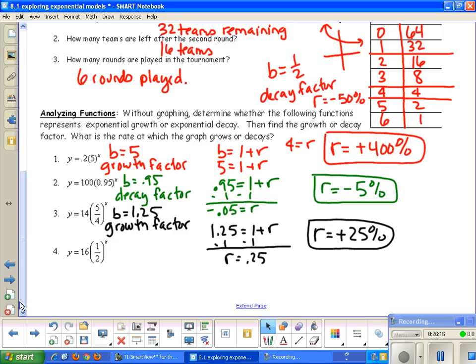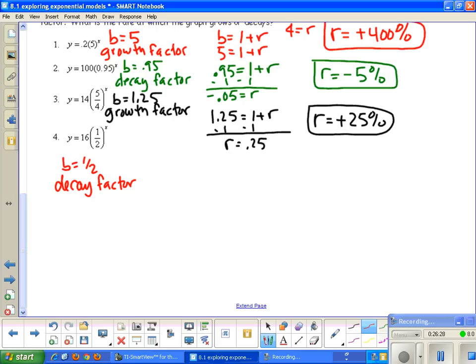And then the last one, we have a b value of 1/2, which you know is exponential decay. So it's a decay factor. To figure out the rate at which we are decaying, remember, b is equal to 1 plus your rate, so 1/2, or if you want to write 0.5, that's fine.